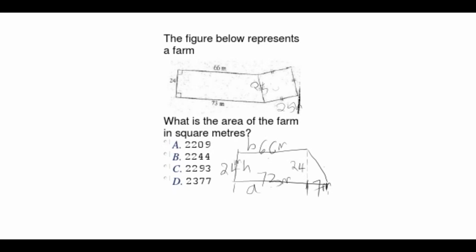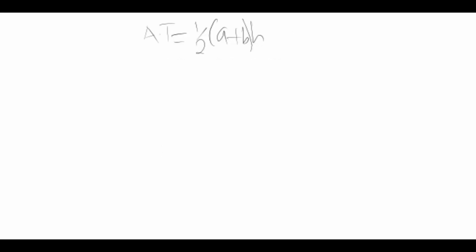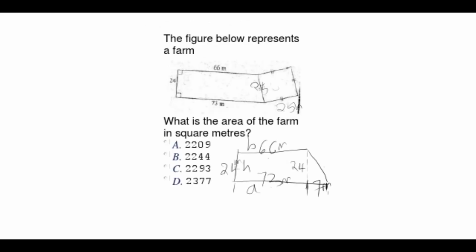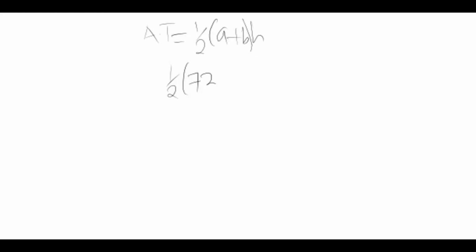So we have now our area will be a half into 73 plus 66, into the height, which is 24, and every length is in meters.